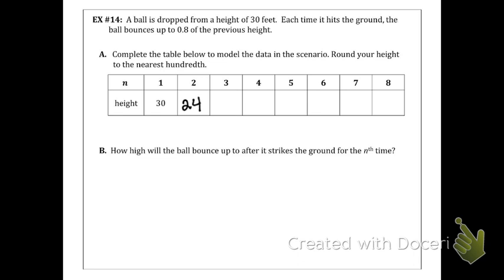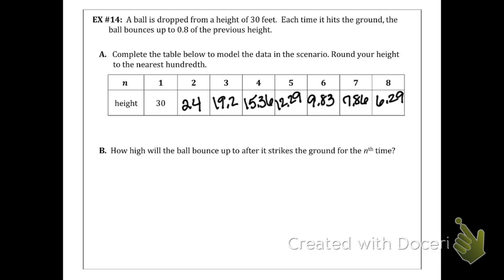Times 0.8 is 19.2. Times 0.8 is 15.36. Times 0.8, 12.29. Times 0.8, 9.83. Times 0.8, 7.86, times 0.8, and I got 6.29.